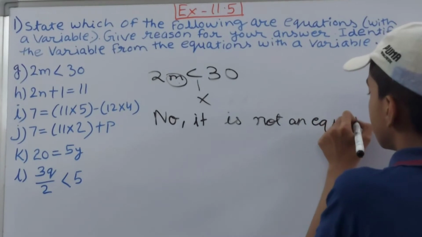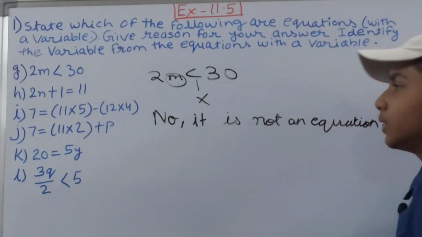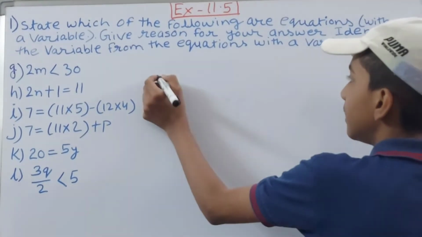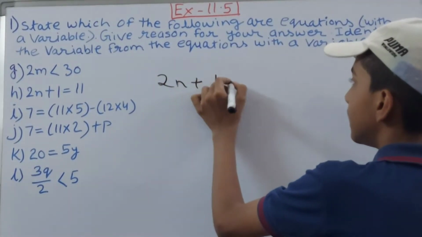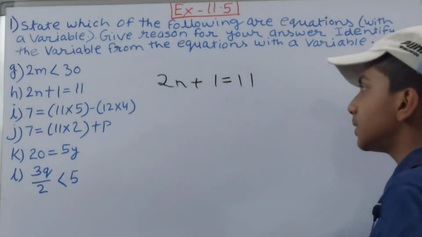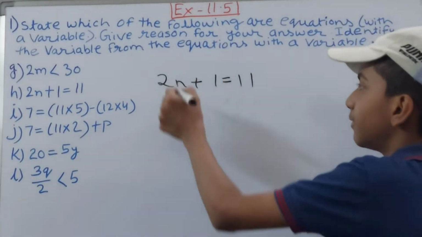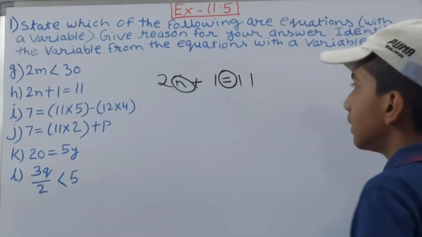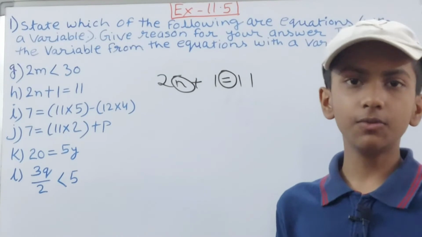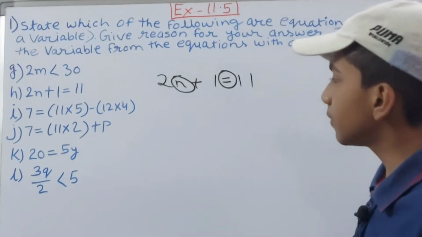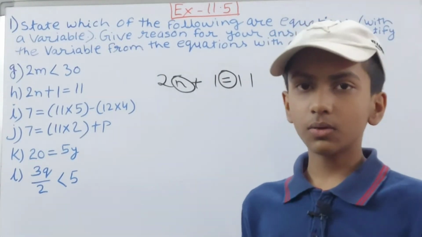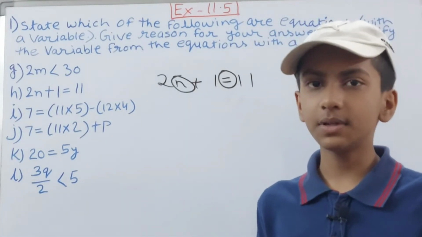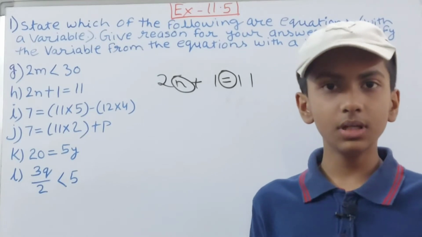Okay, let's move on to the next part. Friends, next part is 2n plus 1 is equal to 11. Again, if you see here, we have this n, which is a variable, and we have this equal sign, which is of course necessary for an equation. So again it is fulfilling all the conditions for an equation with a variable, that is having a variable and of course having the equal sign.